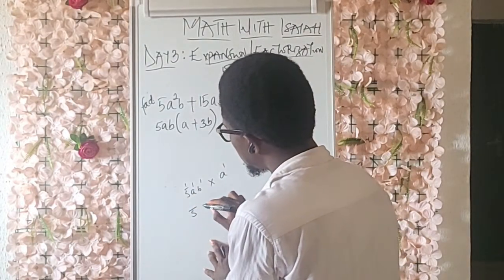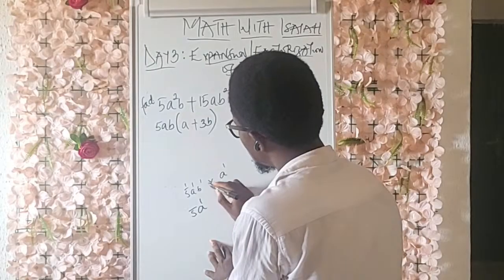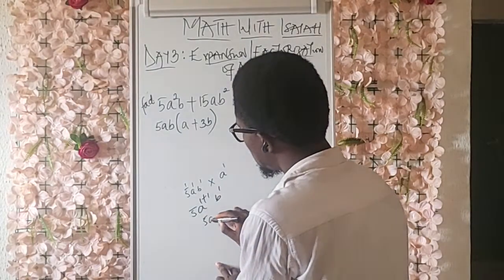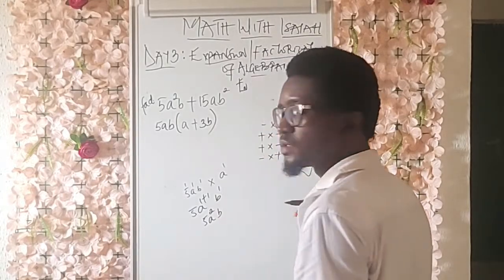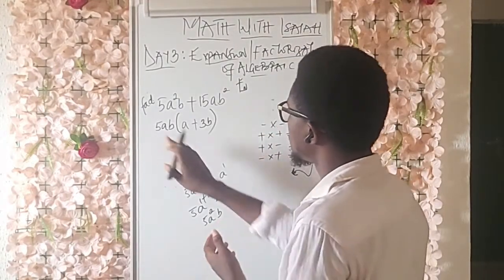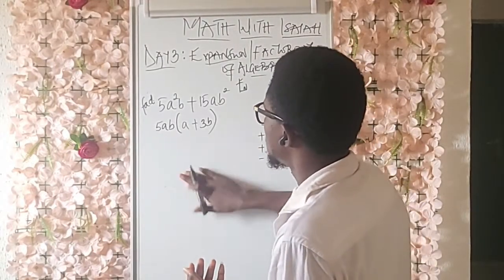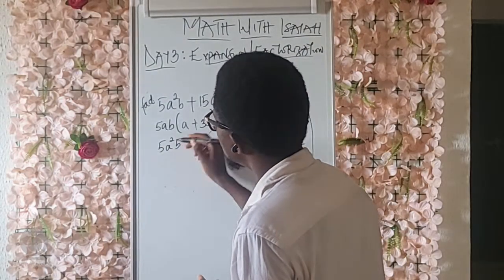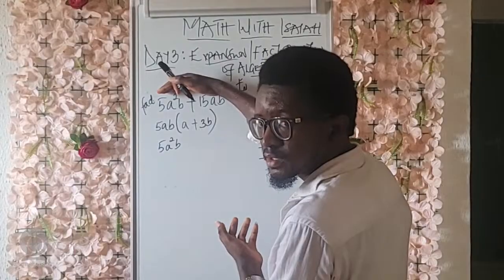So you're having 5a raised to the power 1. Because of this, you have plus 1 and b raised to the power 1. So you're having 5a raised to the power 2 b. So you have 5 and b, and only the a can multiply. So you're having 5a squared b, which is exactly what you have here.